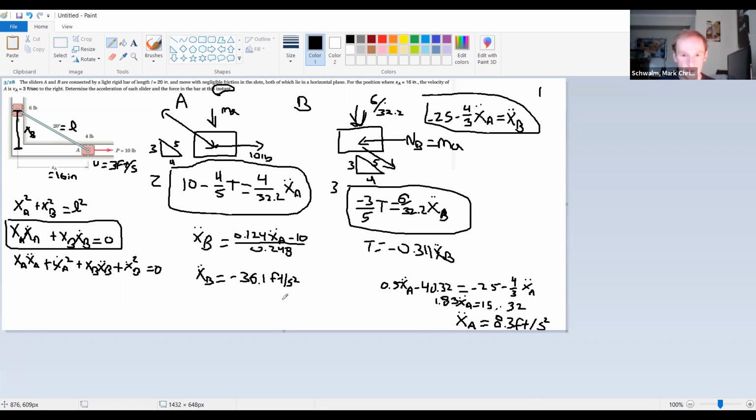And then you can plug them into either of these equations and just solve for t. But I'm not going to waste your time right now. I'm just going to write t is equal to 11.21 pounds.